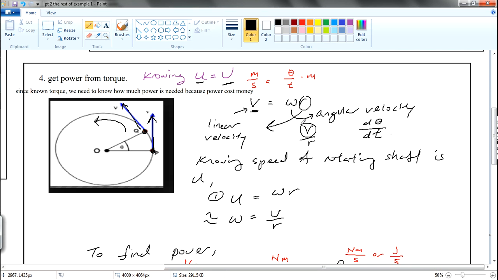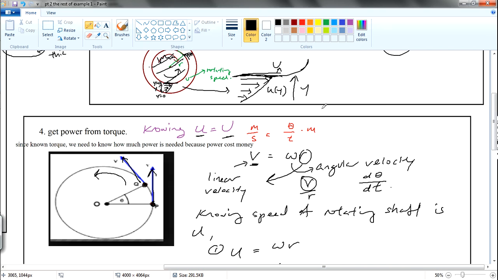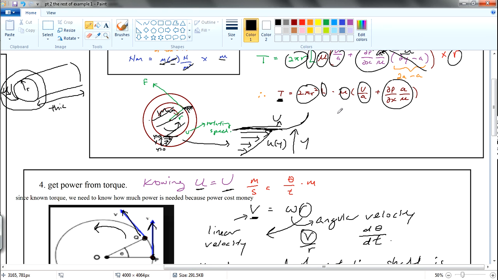This velocity is actually the velocity of the plate that is moving. The plate is moving at a velocity u, a linear velocity. If you look at the shaft, maybe I should draw over here. At this point it is linear velocity.